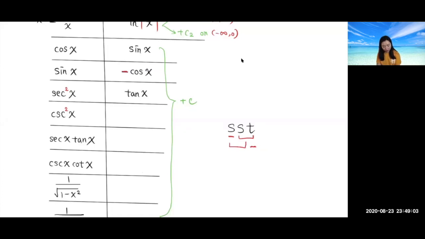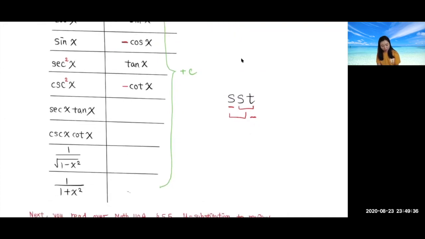Now, what about cosecant squared? If you remember the one above, then you can remember this, except you just need to put a minus sign, the opposite sign, in front. So that will be the opposite of cotangent x. This one is a cofunction of the previous one, but you need to put the opposite sign in front.